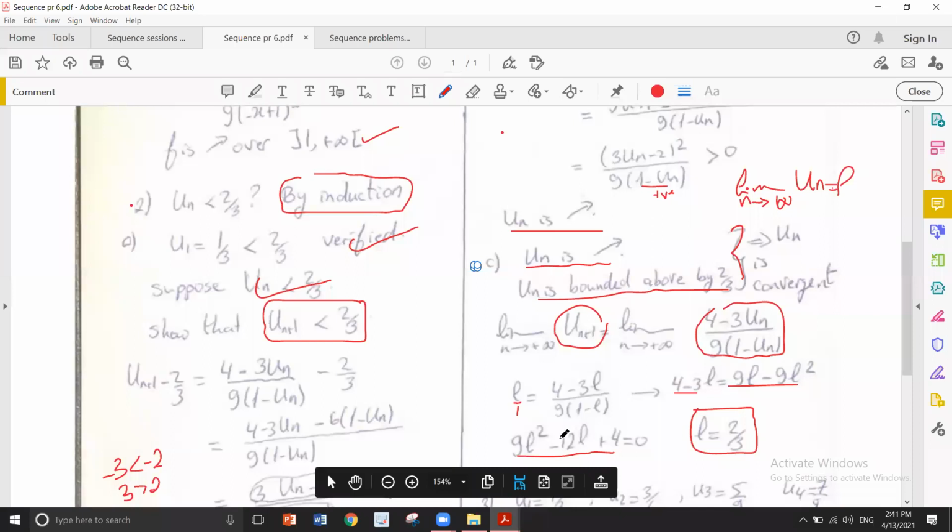This is an identity if you want, and if you don't see it, you solve it using the calculator. The calculator gives one value, which is 2 over 3.